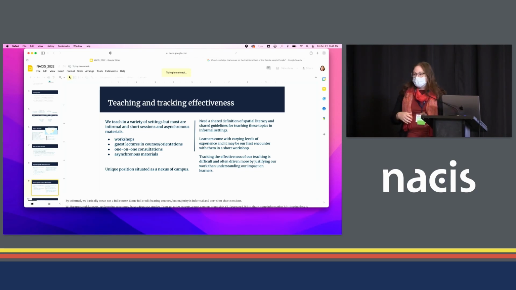Because we are building this broad base of skills, we're also then able to develop pedagogy that can be translated into different departmental courses, but we also then work on individualized workshops or workshop series that look at developing skills over a long array. We do also have the opportunity to have one-on-one consultations where we're able to observe a learner over time, which also gives us a unique perspective that might not be readily available to people who are teaching large geography classes.